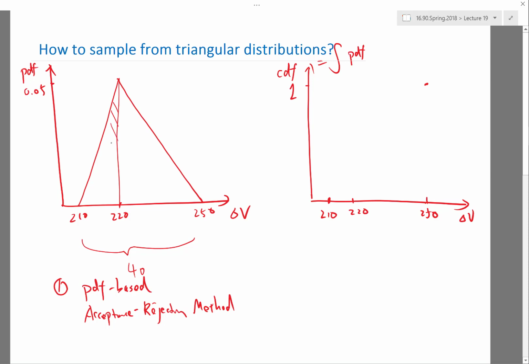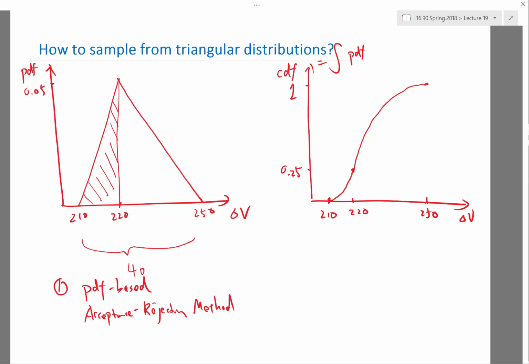It should be the same as the area on the left, which is 10 times 0.05 divided by 2, which is 25%. So at this point, I should get to 0.25, and I have a parabola that goes up to this point. I have another parabola that goes down over here. So that's the CDF I have.